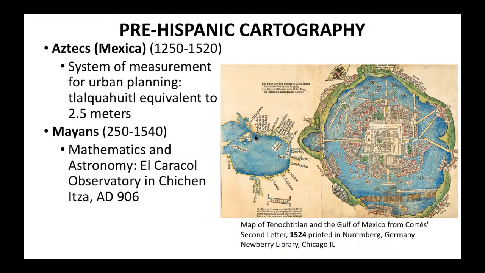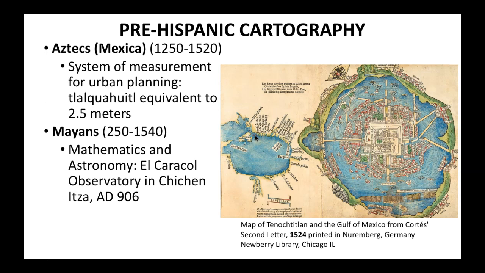I want to briefly just look at pre-Hispanic cartography in the Americas for a little bit. We don't have a lot of records that have survived before the Spanish conquest, because part of the mission of the Spanish was actually to destroy the knowledge that the Aztecs had in order to create a whole new world and a whole new way of looking at the world.